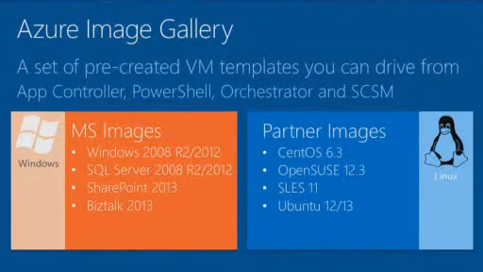So these partner images are also being provided in the gallery, so I can deploy those from App Controller just as easily. And they are all supported on-premises on Hyper-V as well, just to add. So if you want to deploy them on-prem and run them on Hyper-V, they run great, they're optimized, and they've got the relevant drivers inside those guest operating systems to really fly on Hyper-V. So if that's what you wanted to do as well.